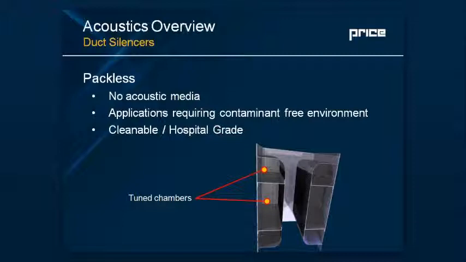So again, unfortunately, you typically have to go with a longer comparable silencer if it's packless to get the same performance. And these also typically are more expensive because there's more material that has to go into them. They're basically using specially tuned chambers within there to achieve a lot of the noise attenuation.